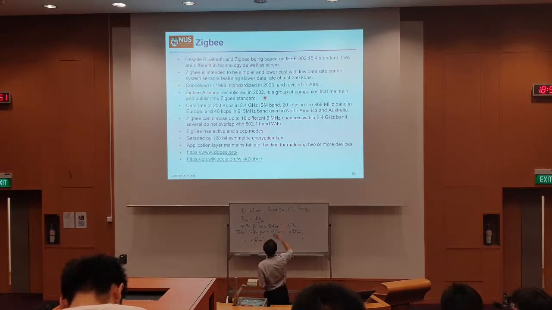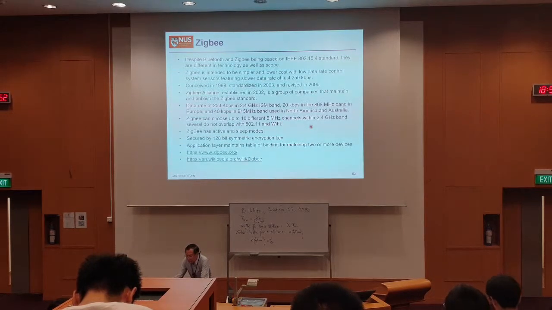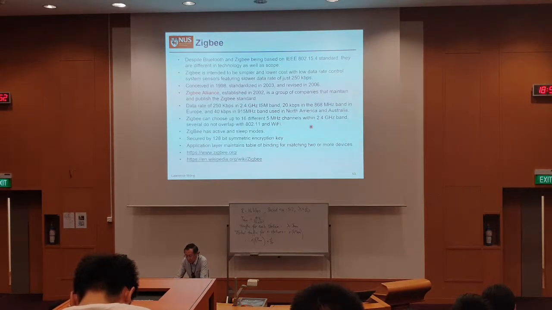But there are other bands like the 868 megahertz in Europe, which only goes at 20 kilobits per second, and the 915 in North America and Australia, which goes at 40 kilobits. You can choose up to 16 different 5 megahertz channels within the 2.4 gigahertz ISM band. There is some overlap, but not all of it overlaps with the 802.11 channels.